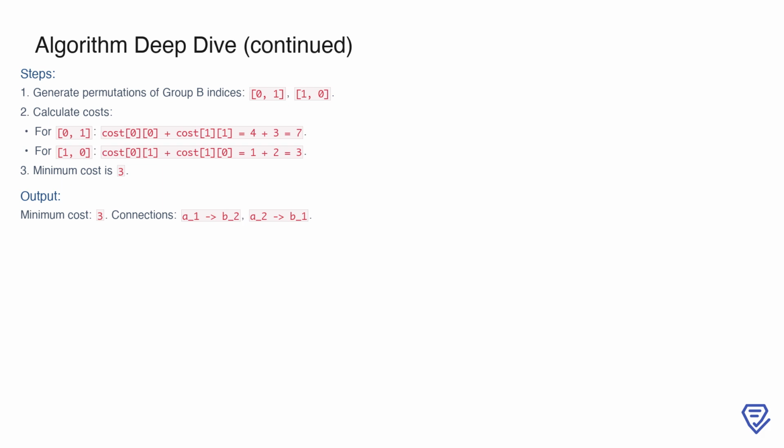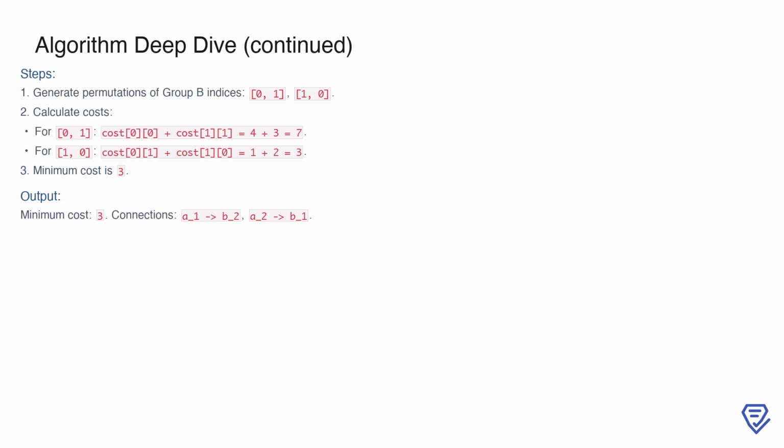For the permutation (0, 1), the connections are A_1 to B_1 and A_2 to B_2, resulting in a total cost of cost[0][0] plus cost[1][1] equals 4 plus 3 equals 7. For the permutation (1, 0), the connections are A_1 to B_2 and A_2 to B_1, giving a total cost of cost[0][1] plus cost[1][0] equals 1 plus 2 equals 3.